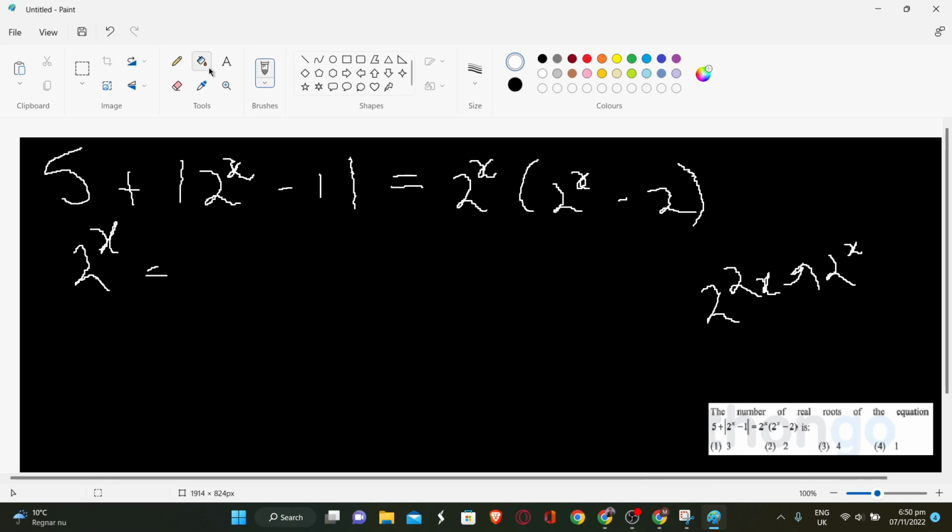Sorry, I'm saying something wrong. If we had something like 4 to the power 2x, we could still write this in the form of 2 to the power x, which would be 2 to the power x, the whole square.